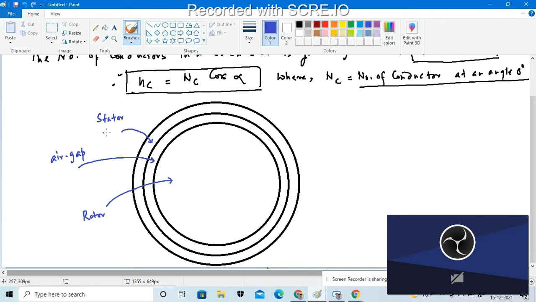Okay, so how could I signify these things? So the air gap should be like this. Suppose this will be the air gap portion.